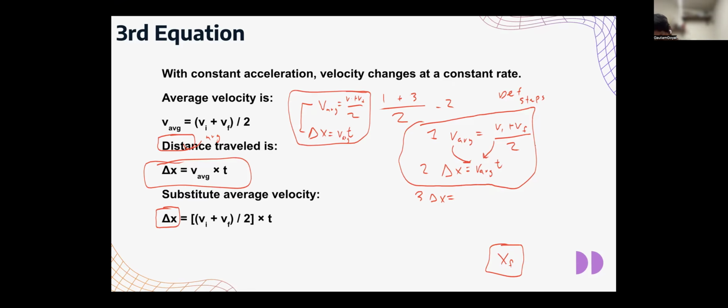So I'm going to go through step three again. Since we know that the average velocity times time is equal to delta x, instead of the average velocity, I'm going to use this equation that we got and input that instead. So then we get initial velocity plus final velocity over 2 times t.